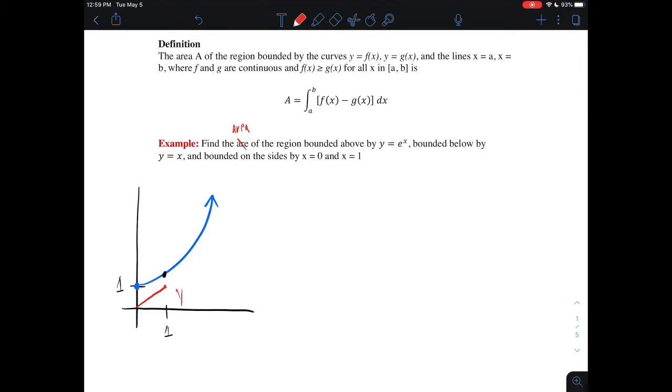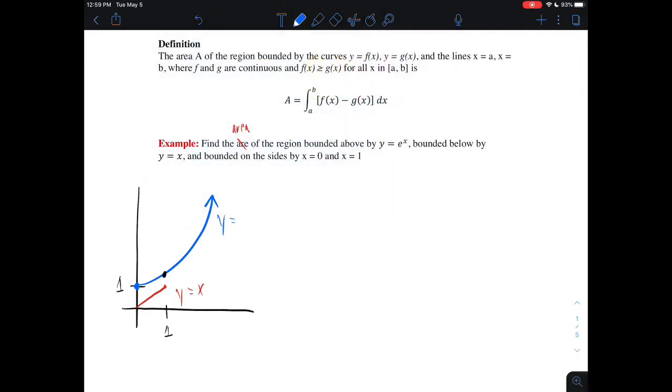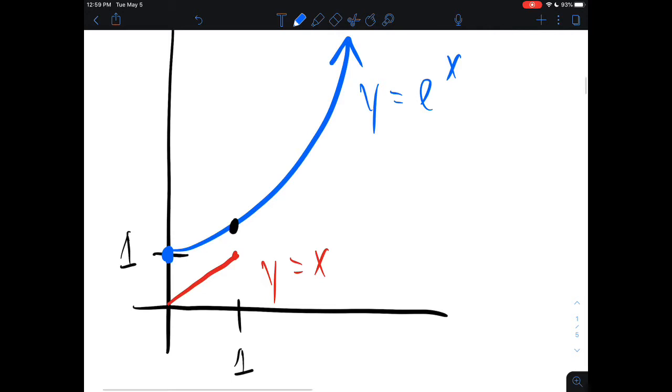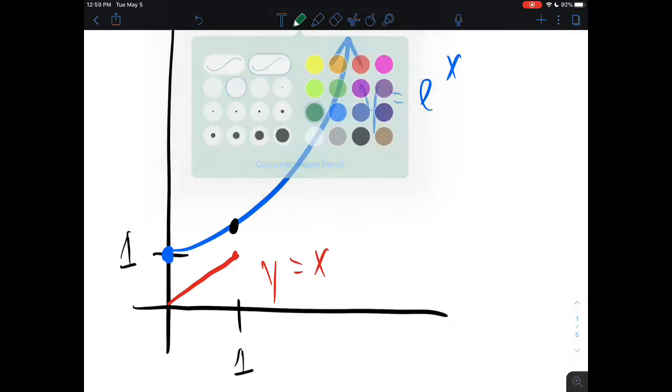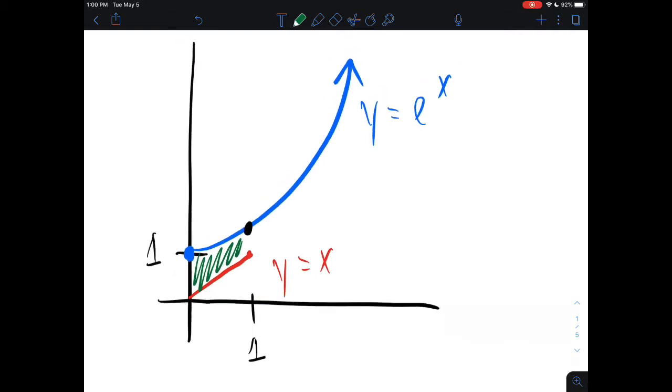So we've got y equal x, we've got y equal e to the x, and you can think, well, they don't intersect in that interval because they have different y-intercepts, and also e to the 1 is greater than just the x value of 1. So our area is really just that little bit. So you can see that e to the x is above y equal x in that whole interval.